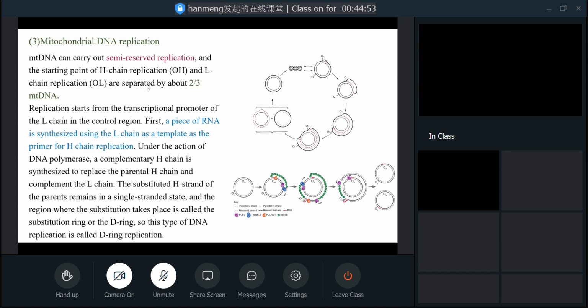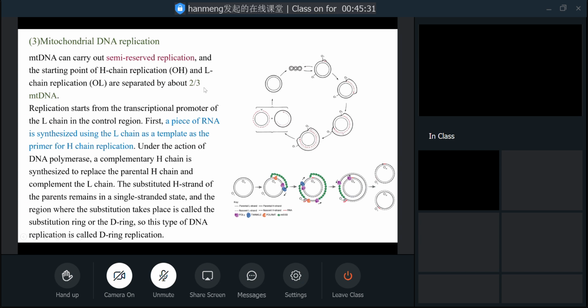The mitochondrial DNA can also carry out semi-conservative replication, and here is the starting point of the heavy chain replication, the origin of the heavy chain, and the L chain replication origin. The OL and the OH are separated by about two-thirds of the mitochondrial DNA.